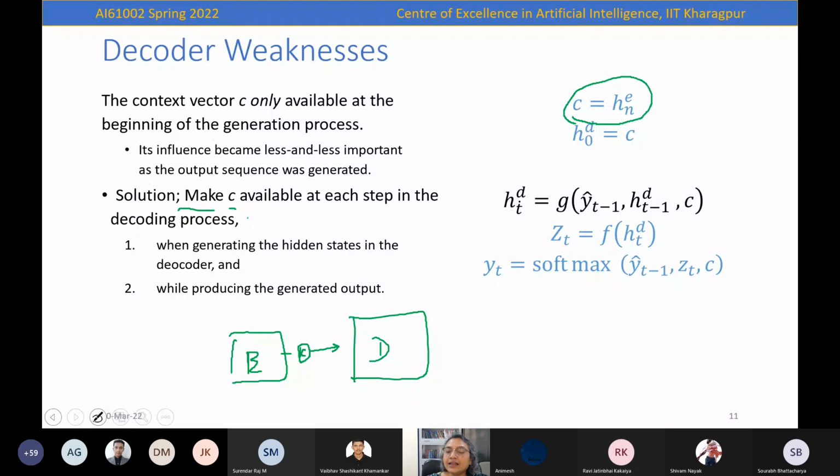So the t-th decoder state h t d is a function of the t minus 1th decoder state, the previous output y hat t minus 1, and C. So the context vector is taken as input at every decoder state.